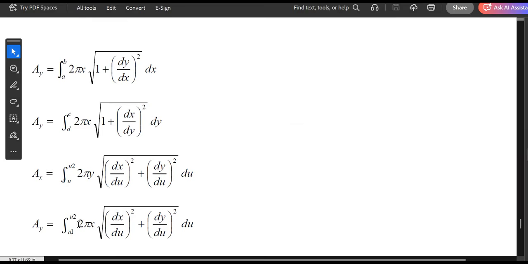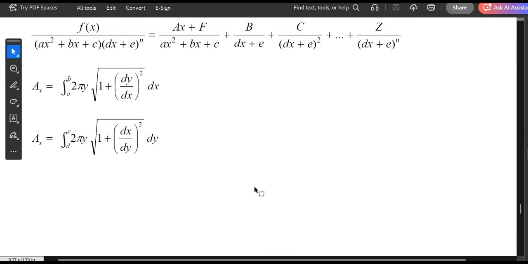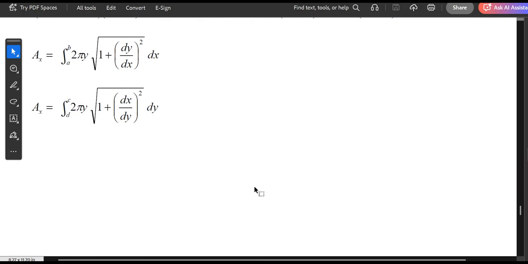So let's go up here. We are going to notice that there are these two formulas. They are meant for us to determine the areas for x. There is this one, where we are calculating area for x, but take note, it corresponds to the limits for x.